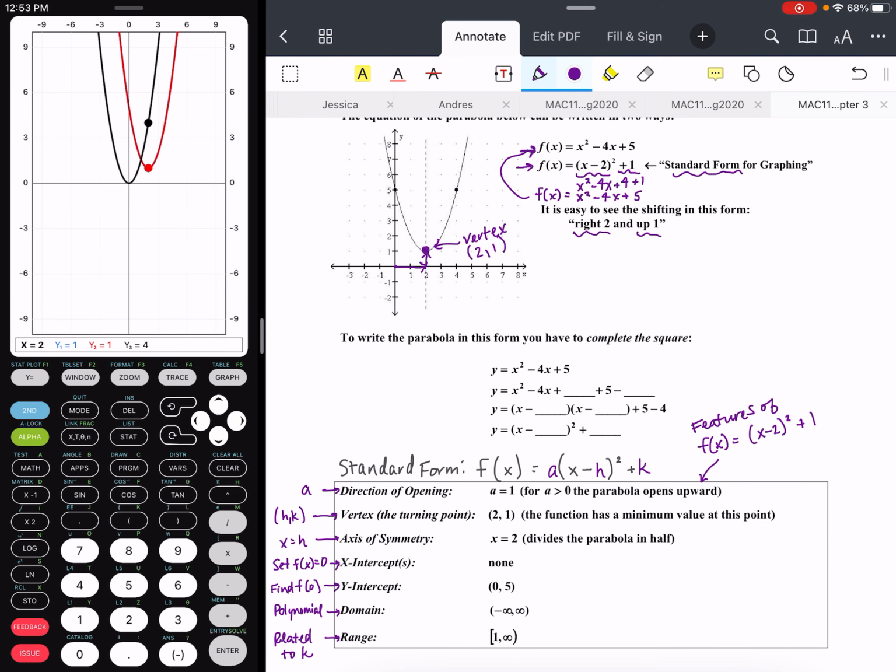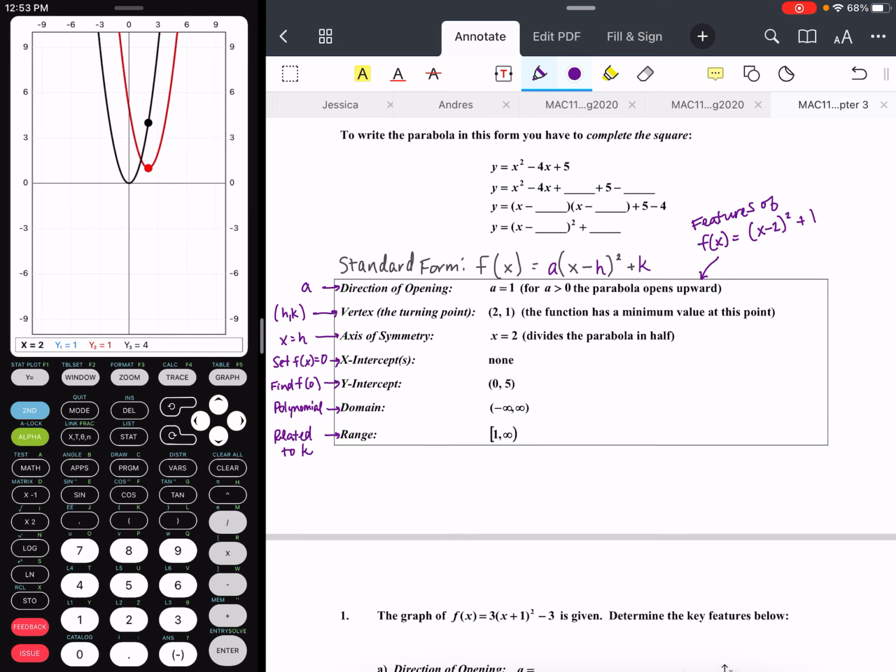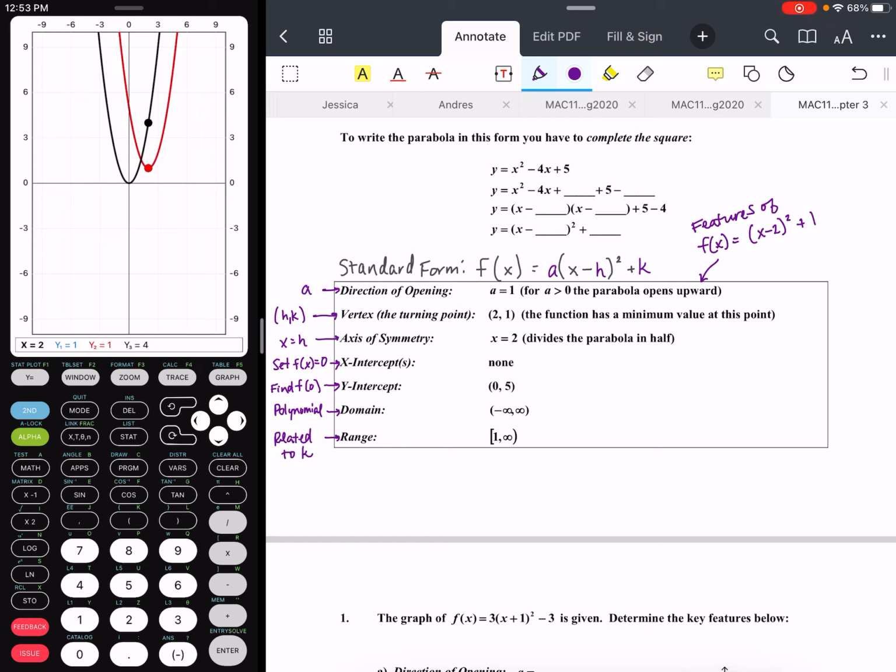All right, so we just showed how to go from standard form to that original form. What if we want to go in reverse? So suppose that we have y equals x squared minus 4x plus 5, and I want to convert this to that standard form that we saw.